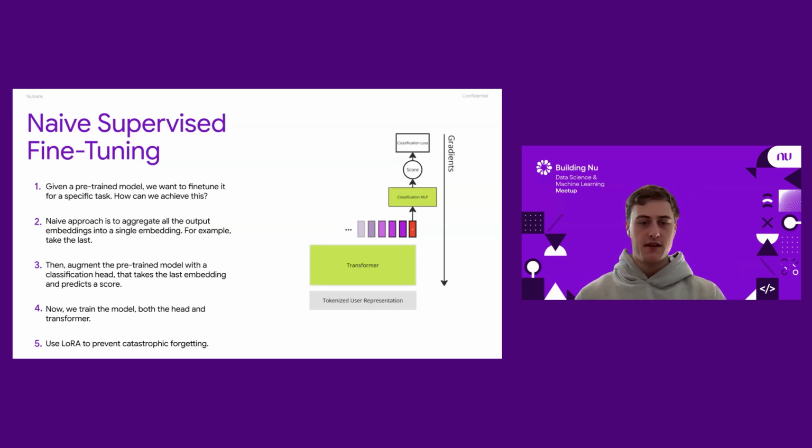So now we're training the classification head, but we're allowing the gradients from the classification head to propagate backwards to the transformer, so the transformer can learn task-specific features from the transactions which we're providing as input to the model. We often find using something like a parameter efficient fine-tuning method is very important here. So something like LoRA, for example, if you're familiar with that. So this is great, but in practice, we need to go one step further for a lot of the problems that we face at Nubank.